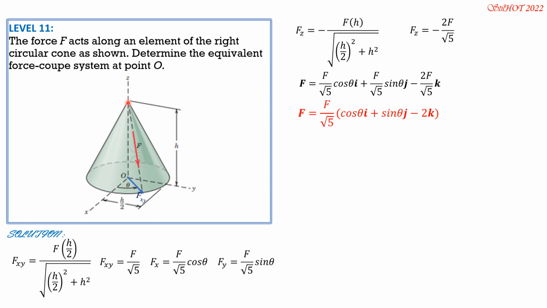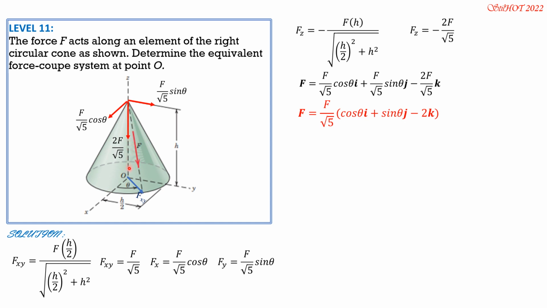Let's have the components at the apex of the cone. So this is Fx, Fy, then Fz. So MOX, let's evaluate MOX first. Your right thumb would be on the positive x-axis. The curling of your forefingers would be in that sense. So this is the positive moment. Fx has no moment because it is parallel.